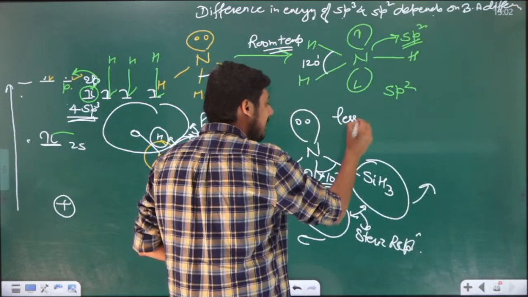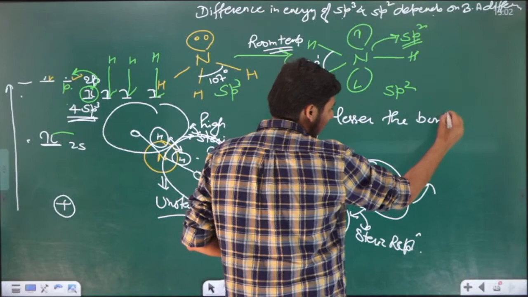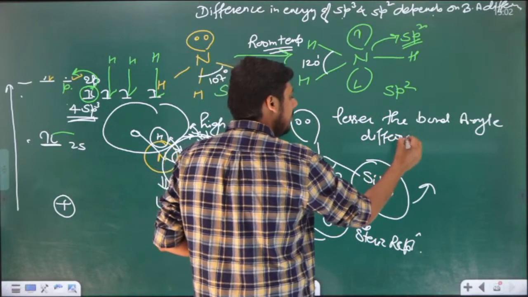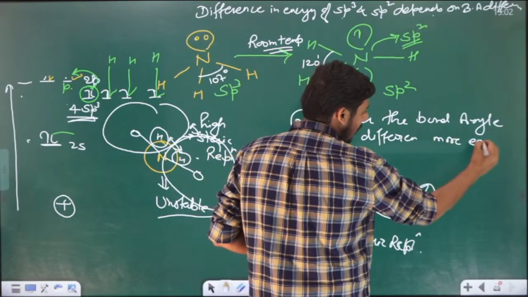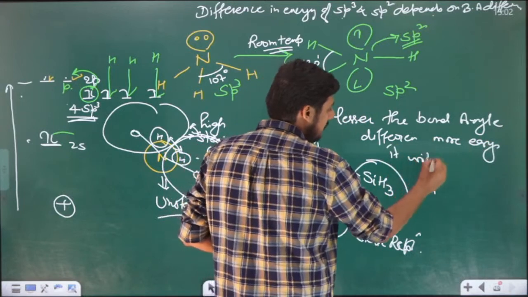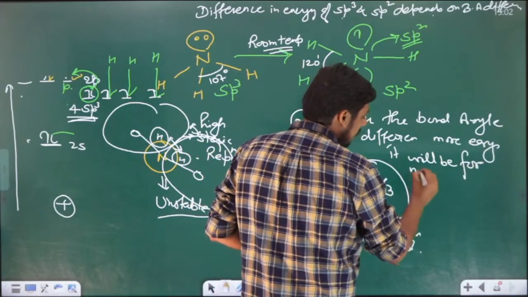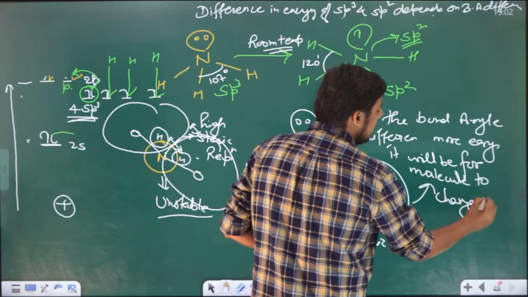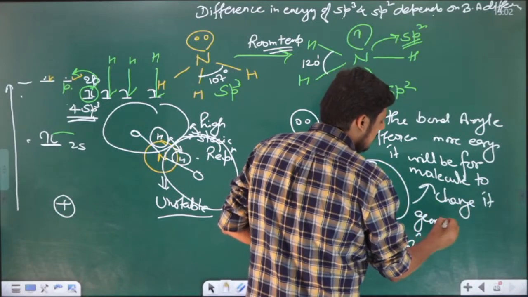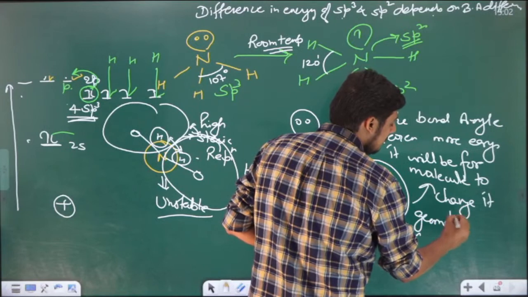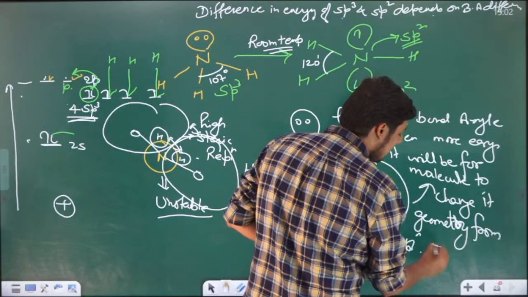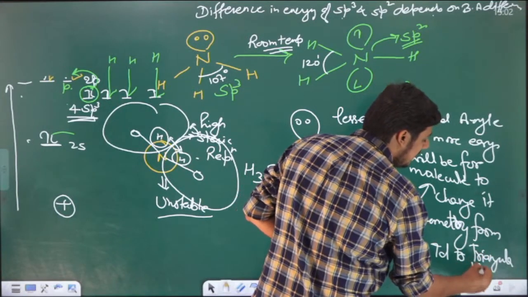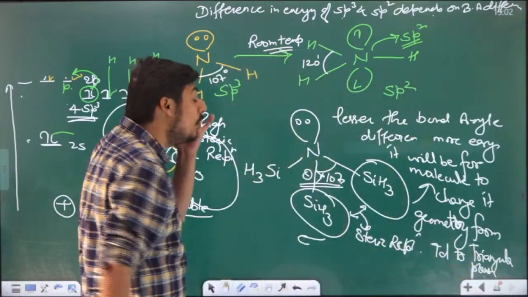The lesser the bond angle difference, the easier it will be for the molecule to change its geometry from tetrahedral to triangular planar. This phenomenon will start taking place at low temperature also.